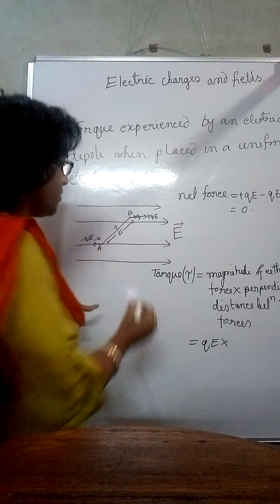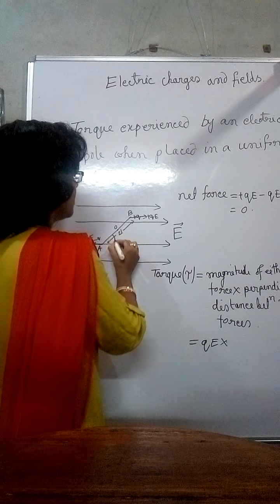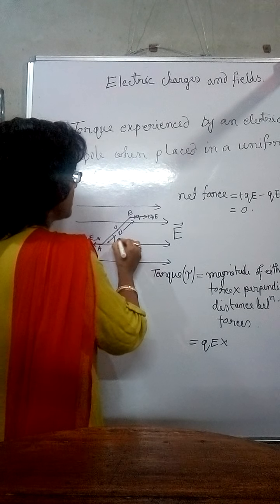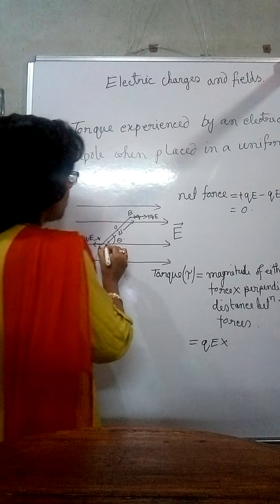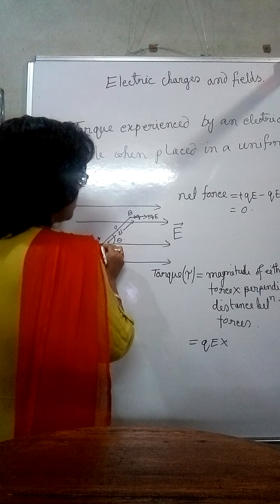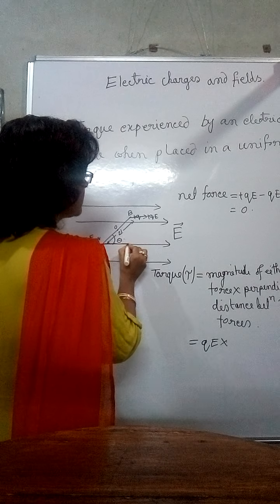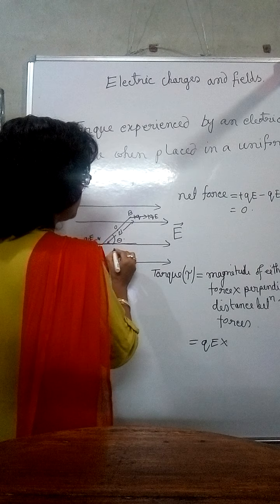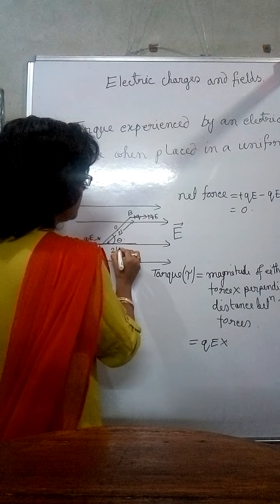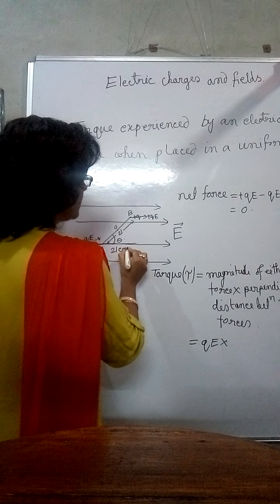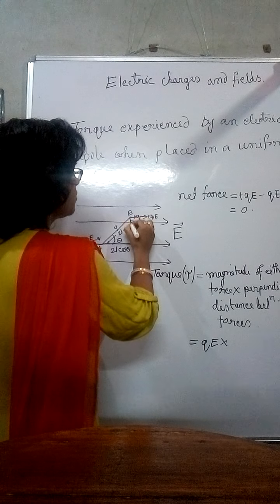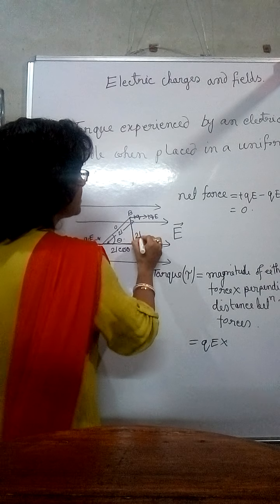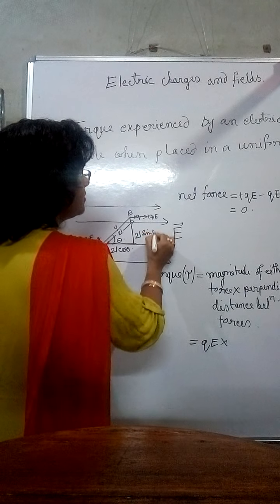Suppose the dipole makes an angle theta with the electric field E. So the dipole has two components. The component along the field will be 2L cos theta, and the perpendicular component will be 2L sin theta.